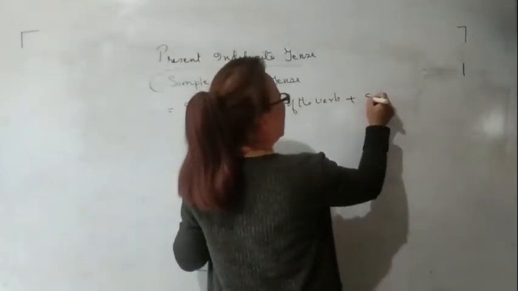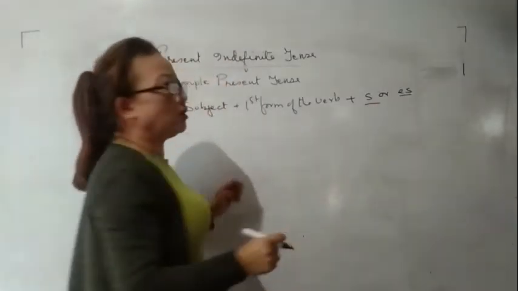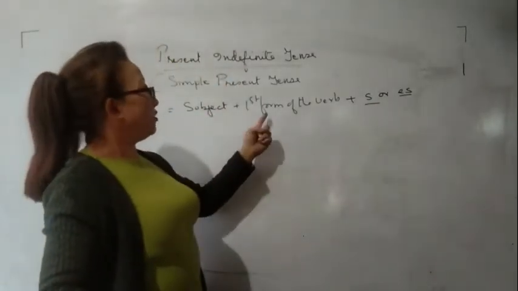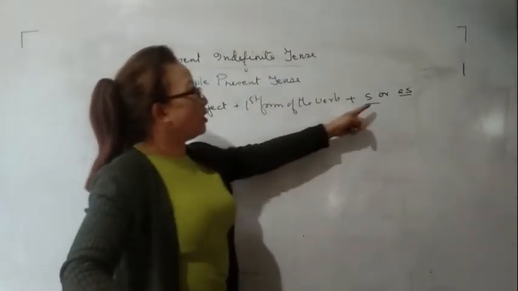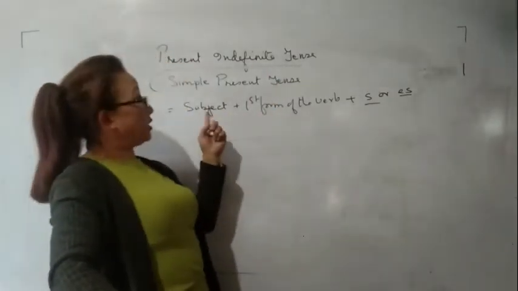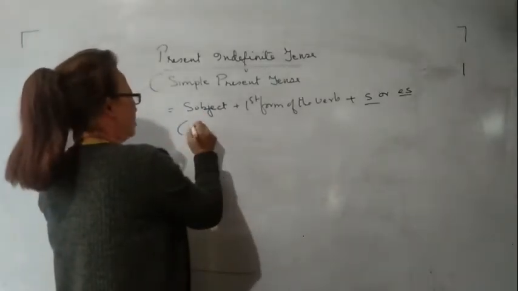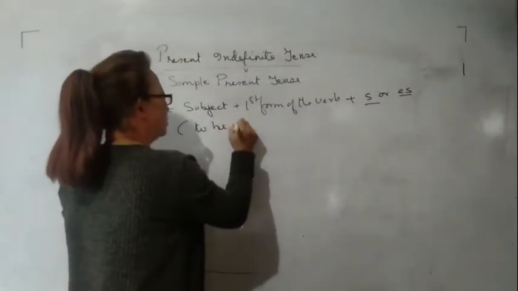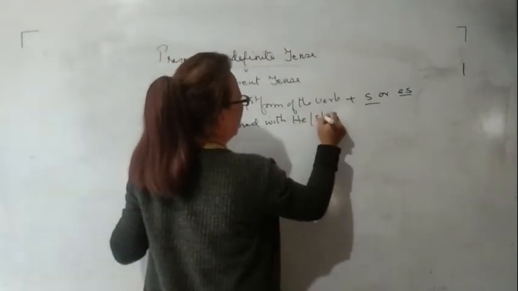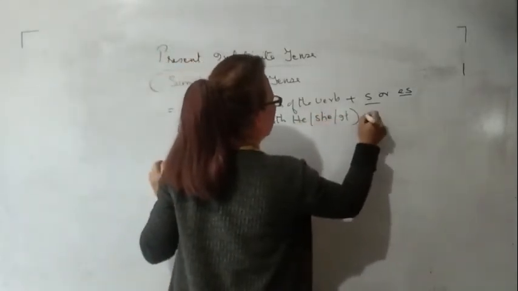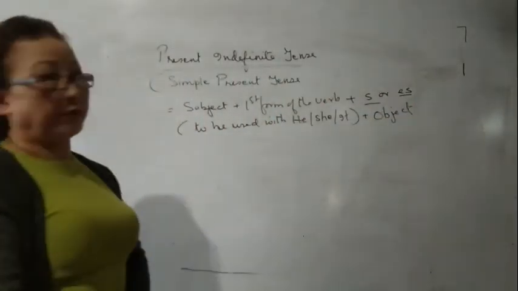Plus, here this is important, S or ES. Now S or ES will not always be used with the first form of the verb for every subject. No, not at all. S or ES will be used when the subject, or the doer of the action, is he, she, or it, plus object. Now this is the formula of the present indefinite tense.